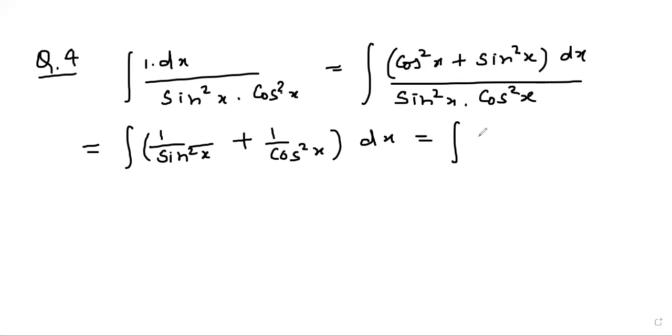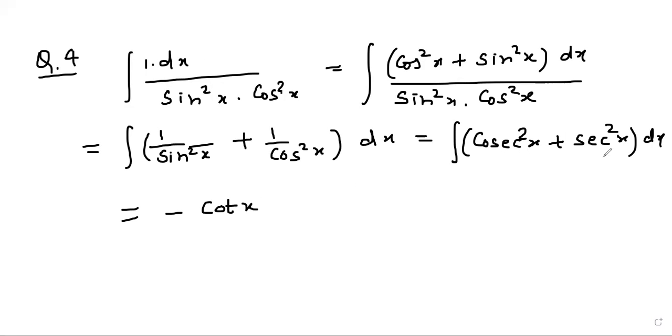This becomes (cosec square x plus sec square x) dx, and integration of cosec square x gives minus cot x, and integration of sec square x gives plus tan x plus c. Let's see question number 5.